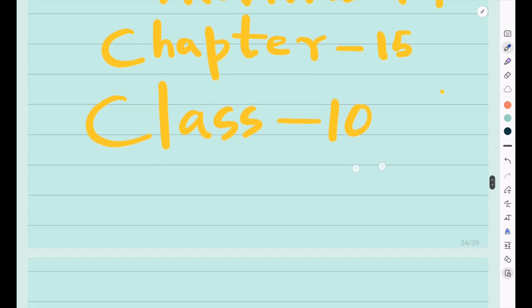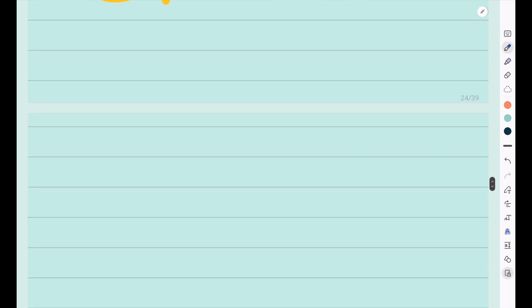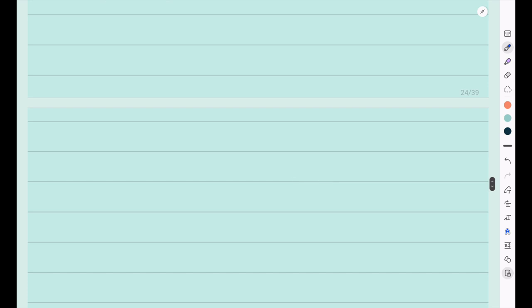Okay, so let me just start with probability. Just to give you an example of what probability is, one simplest example is a coin, which has two sides. One side is called head, another side is called tail.